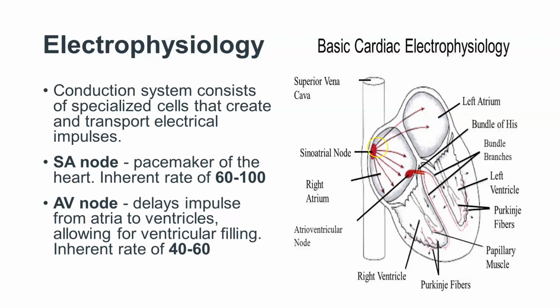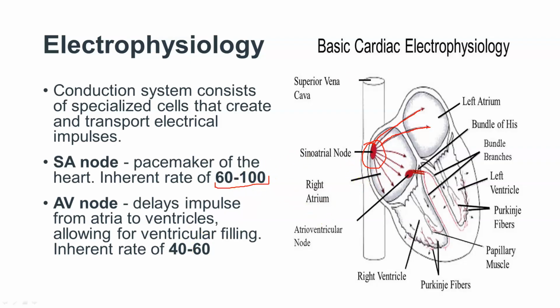So the SA node is going to be the pacemaker of your heart. You see it's up here in the right atrium. It's important that all of the cells in your heart have that ability to carry that signal. The SA node has an inherent rate of 60 to 100 beats per minute. That's one of the ways that we maintain cardiac output, which we'll talk about later as well.